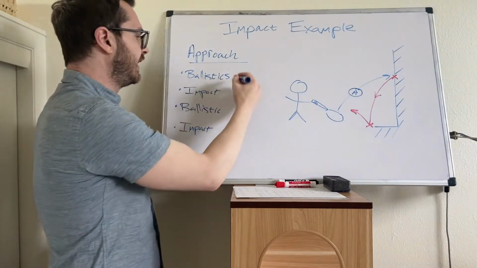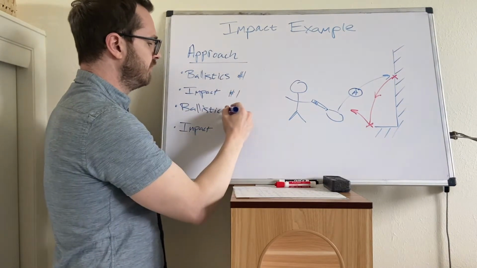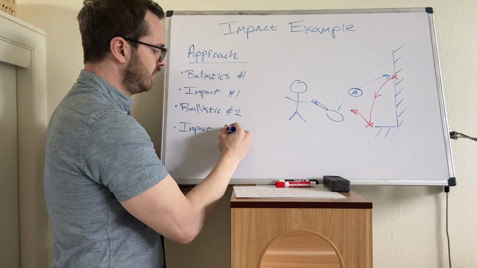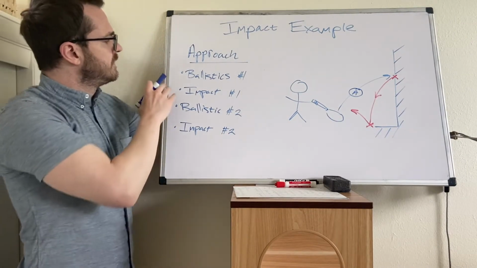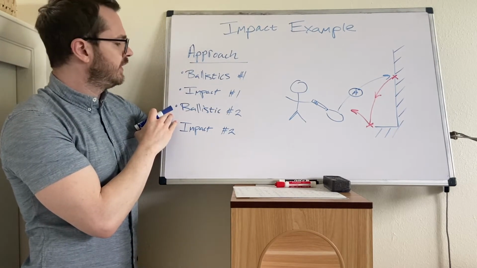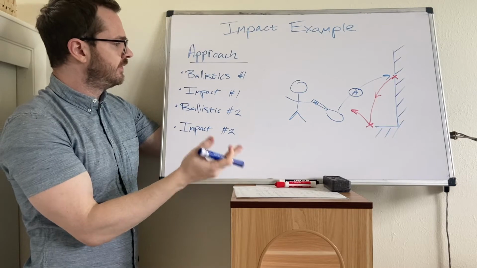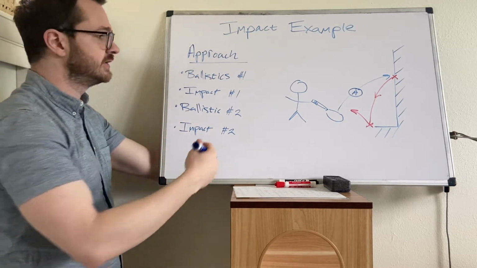So we've got ballistic number one, impact number one, ballistic number two, impact number two. The equations for the two ballistic phases are going to be the same. So really we could just write one set of equations for these phases, and what changes are the initial conditions.